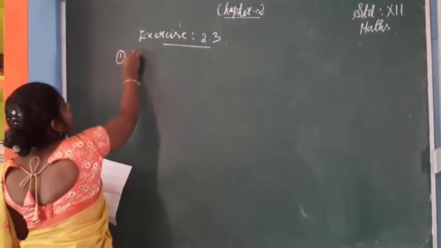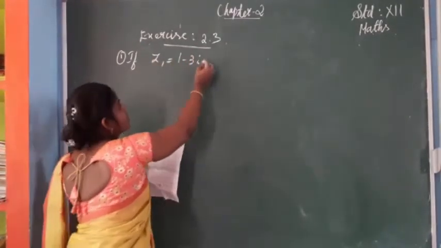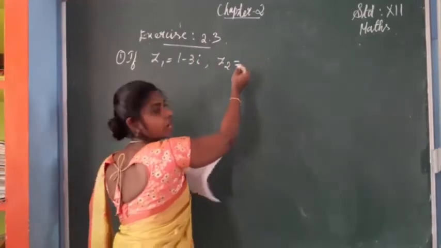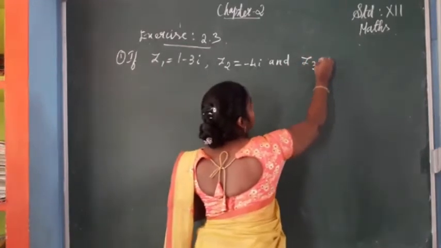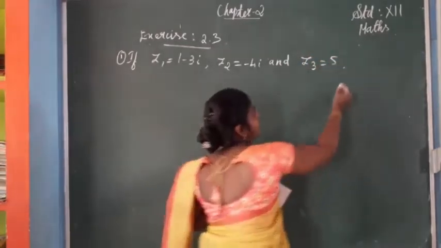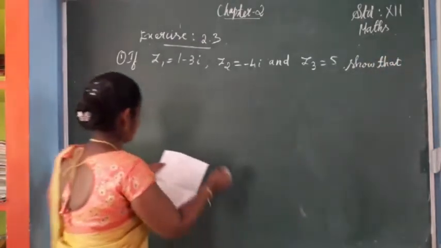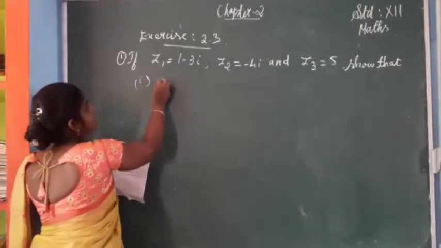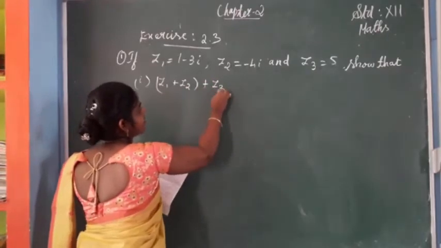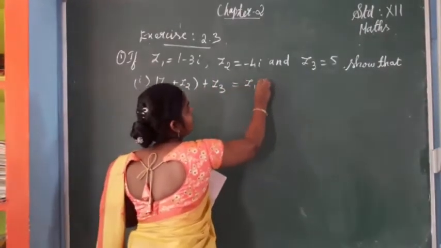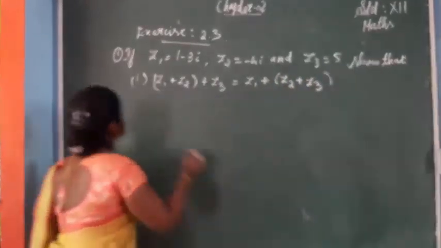First question, if z1 is equal to 1 minus 3i, z2 is equal to minus 4i, and z3 is equal to 5. Show that, first one, z1 plus z2 plus z3 is equal to z1 plus z2 plus z3. Solution.